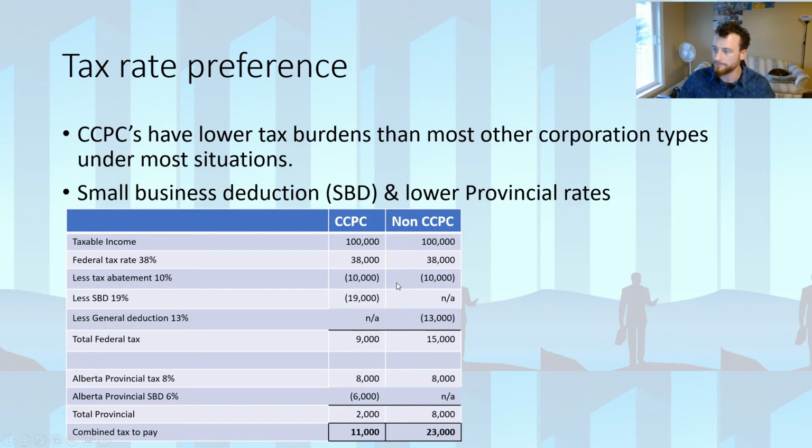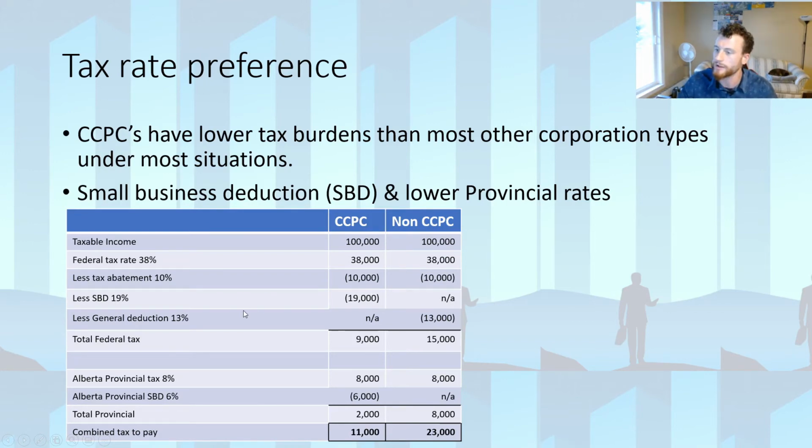The CCPC, for the year ended June 2021 in this example, receives a 19% deduction, so 19% of the taxable income. The non-CCPC does not receive any deduction.